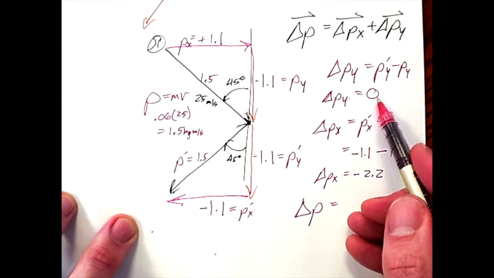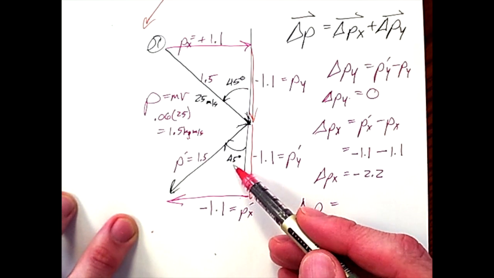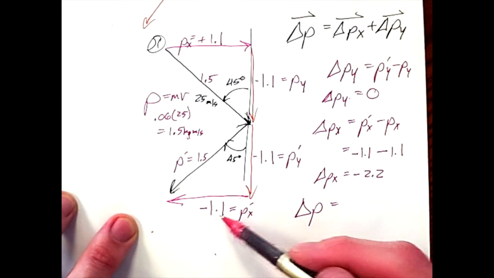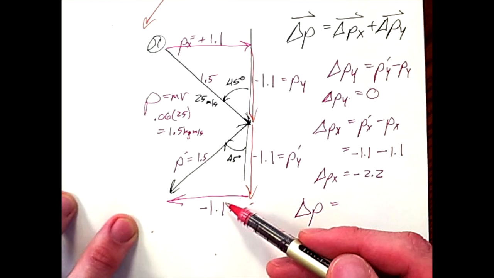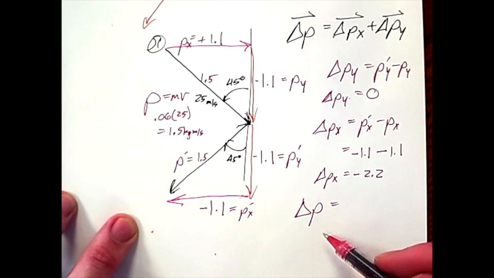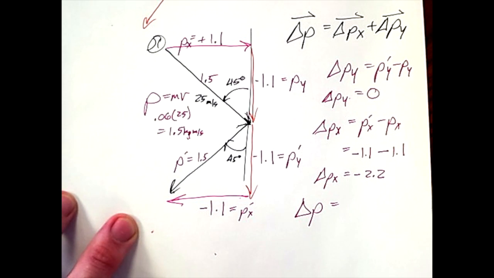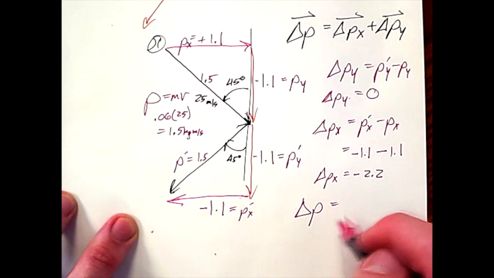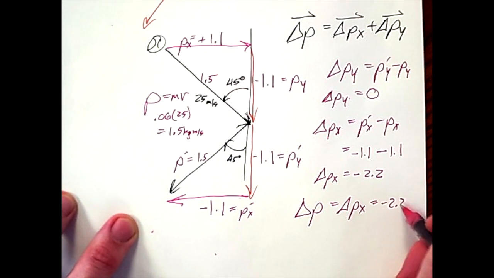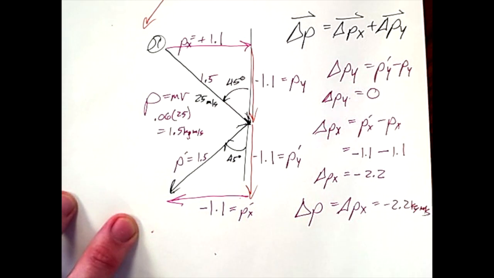If this had come off at an angle that was not 45 degrees, but was something different, then these two sides would be different lengths, and these would actually be two different vectors, which means the change in momentum would be a triangulation of the sum of those two vectors. And you can see how it all puts together. Does that make sense? So in this case, the change in momentum in the x direction, which happens to be negative 2.2 kilogram meters per second, is the final answer for this particular problem.